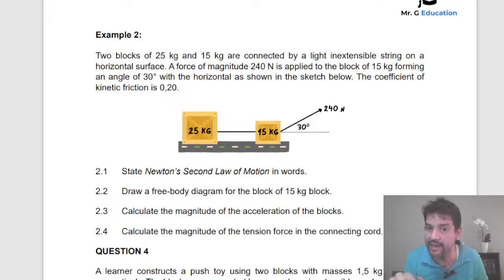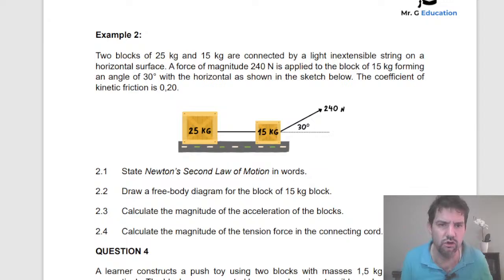It is not acting on the 25 kilogram block. It's not touching the 25 kilogram block. So that is an important thing to have in mind. Now they say that the coefficient of kinetic friction is 0.2.